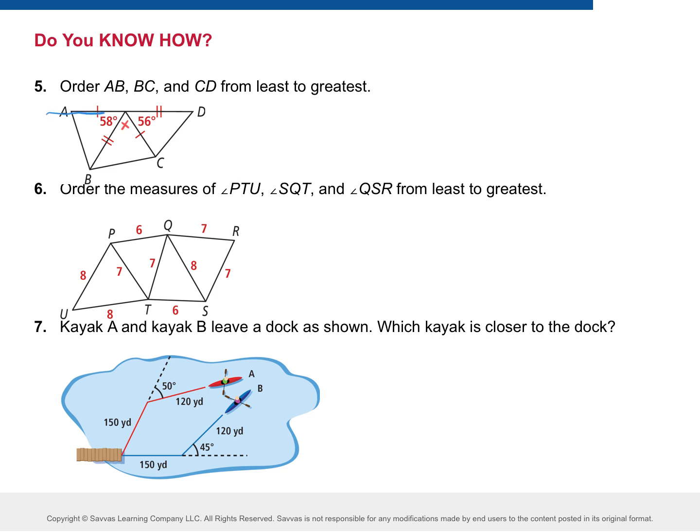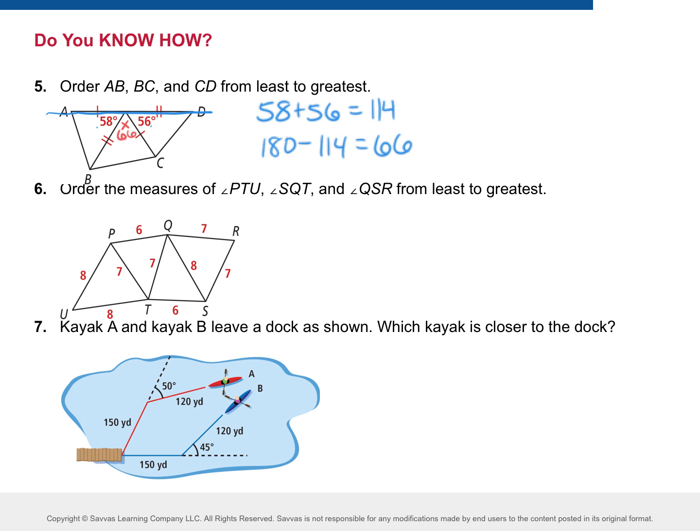Right, all three angles are on a straight line, so we know all three of those have to equal 180. So we do 58 plus 56 is 114. Then we take 180 minus that 114 to give us 66. Yep. So 66 is that middle angle in there.